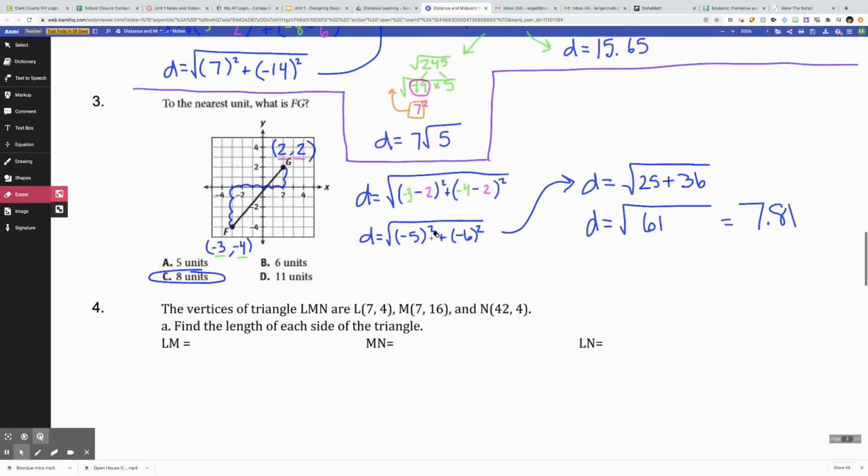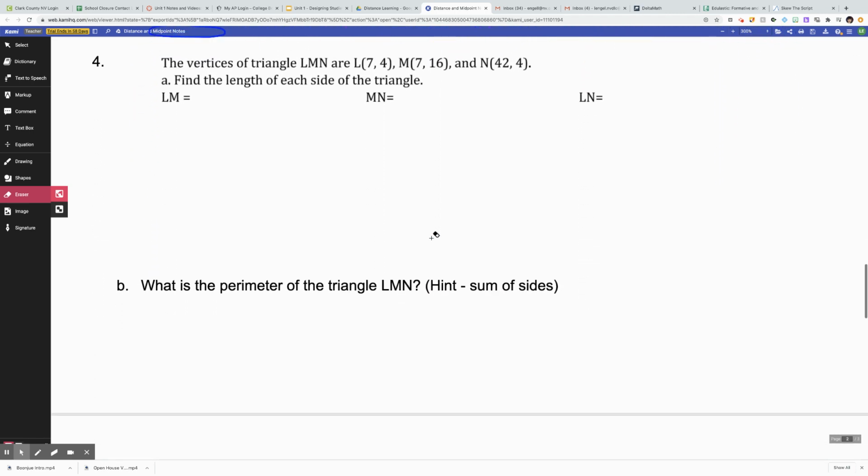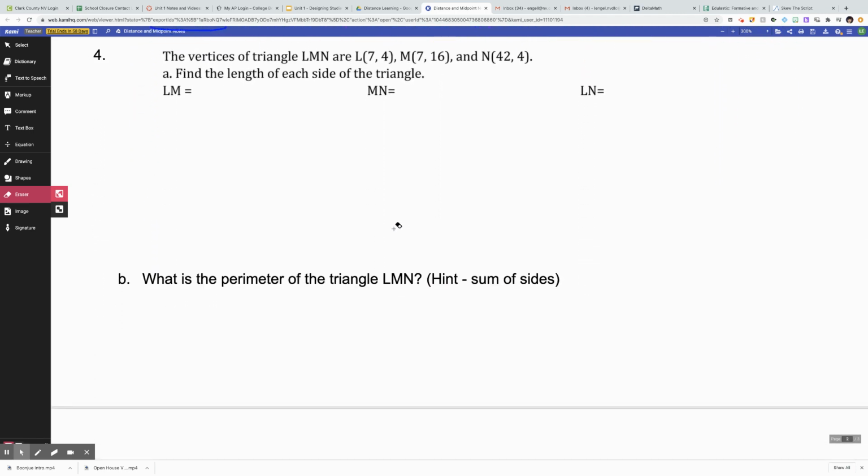All right, so we've got 2 more practice problems here for distance formula. So this is another way that distance formula problems might show up, where they give you the coordinate points of a shape. So here I gave you the coordinate points of a triangle, LMN, and I want to know the length of each side.